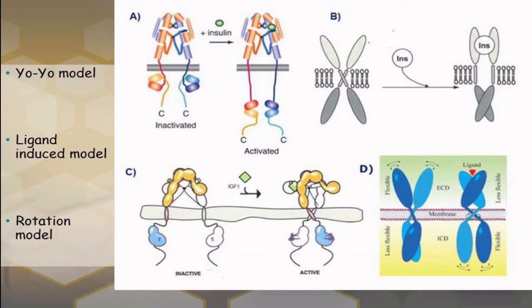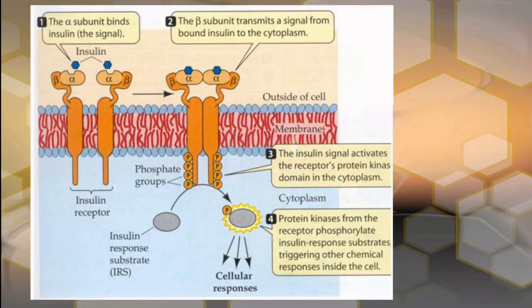It is almost a reversal of the B model, except that the binding of the ligand removes the flexibility of the extracellular domains and increases the flexibility of the intracellular domains. So these were the different models that explain the insulin mechanism of action.